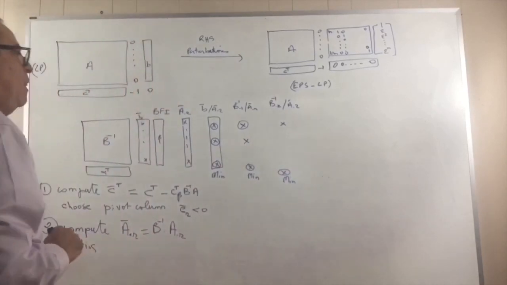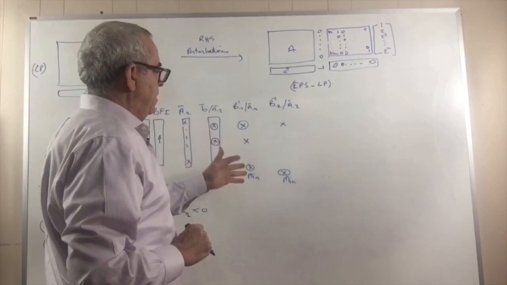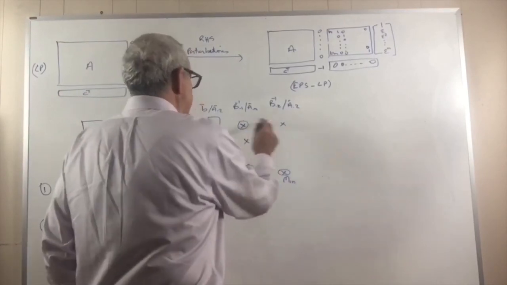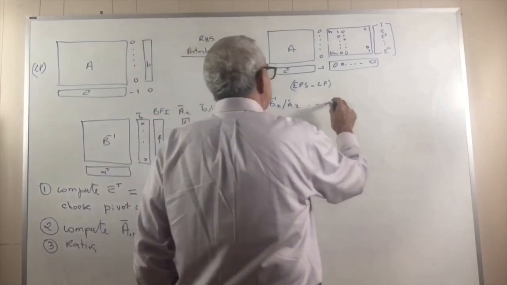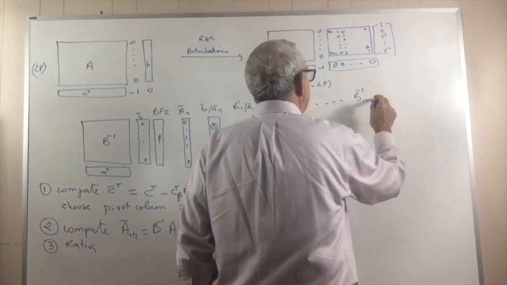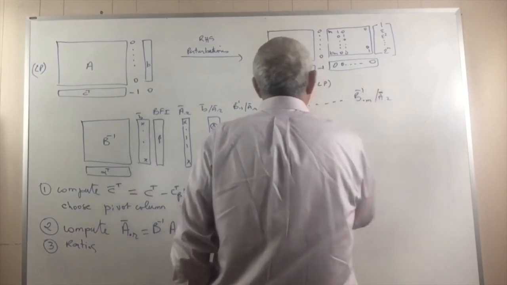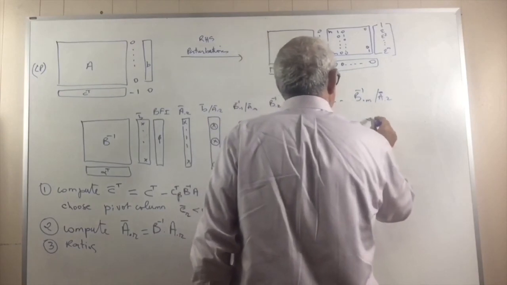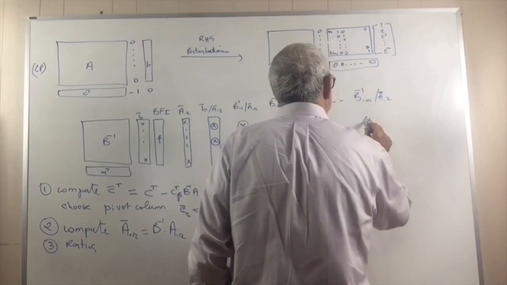But let's assume that I still have 2 here, and I keep going till the last one, B inverse dot M over A bar dot R. And here and here, I still have a tie. Let's assume that.